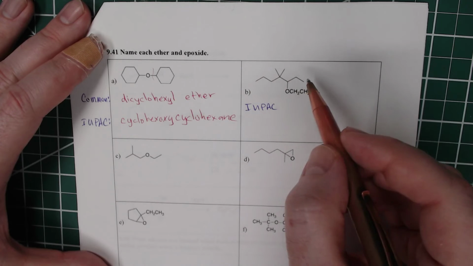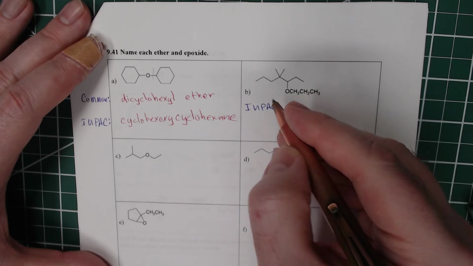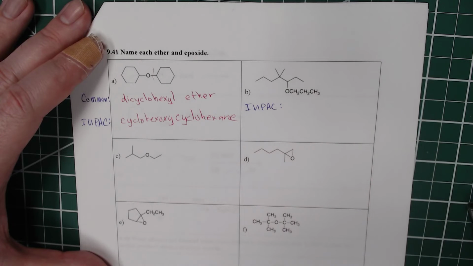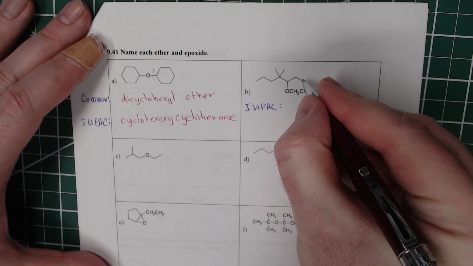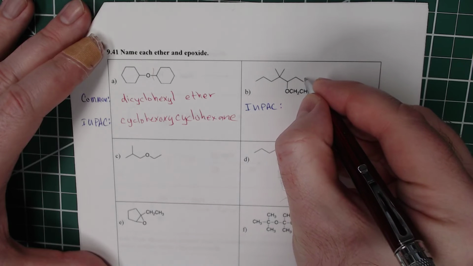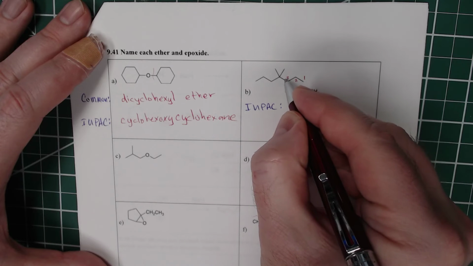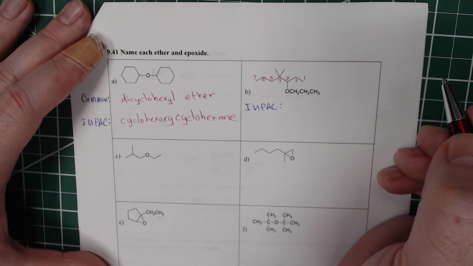And if we tried to make it a really simple name, it would end up being really, really ugly. So let's name our longest chain and give our substituents the lowest possible number. So we're going to number from the right side here. 1, 2, 3, 4, 5, 6, 7.